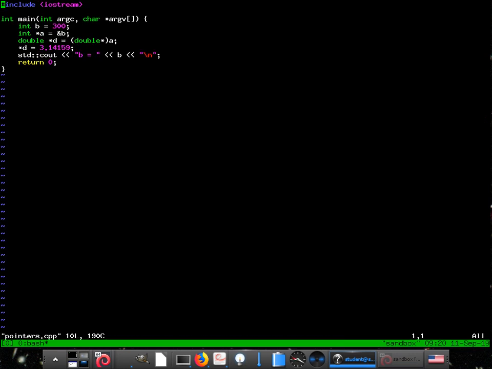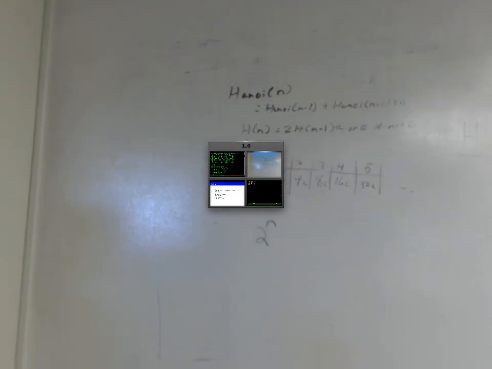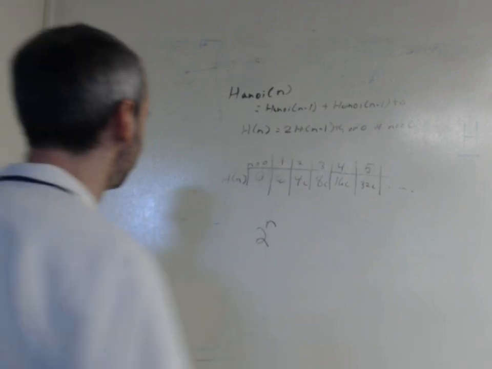What's b? I'm thinking 300. I think there's a reason for that, but I can't really remember. I'm not sure if b is left alone because it's an integer.